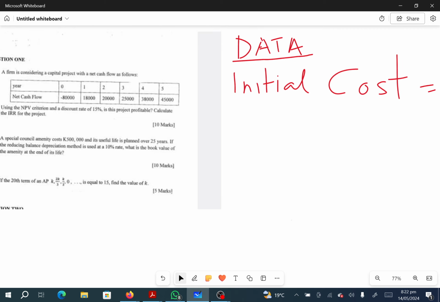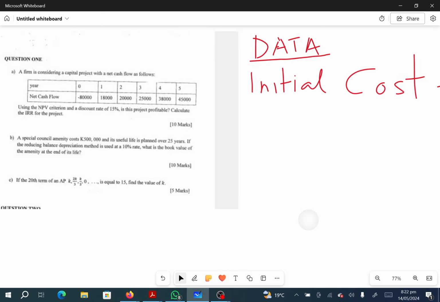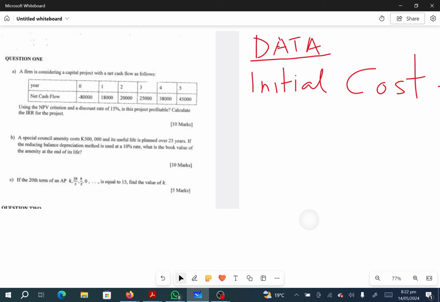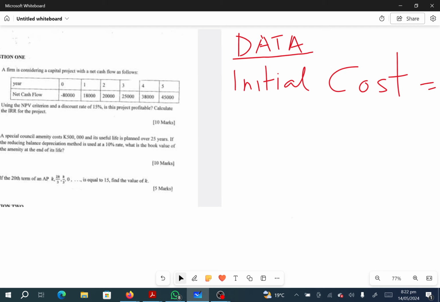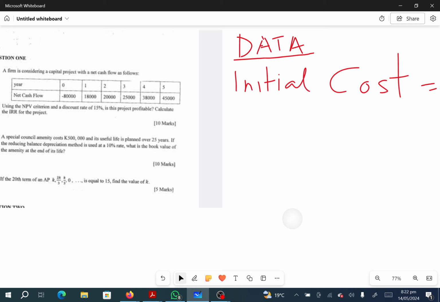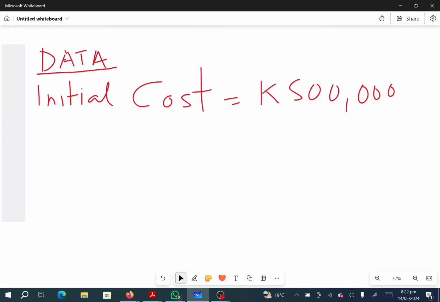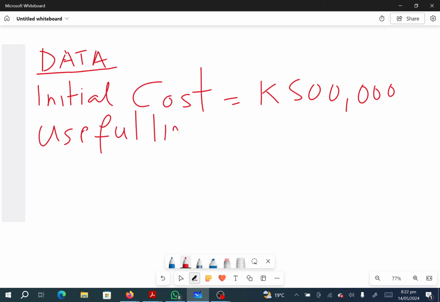So we have been given the depreciation rate as 10%, and we have also been given the useful life. So we say useful life for this amenity, n, is equal to 25 years.